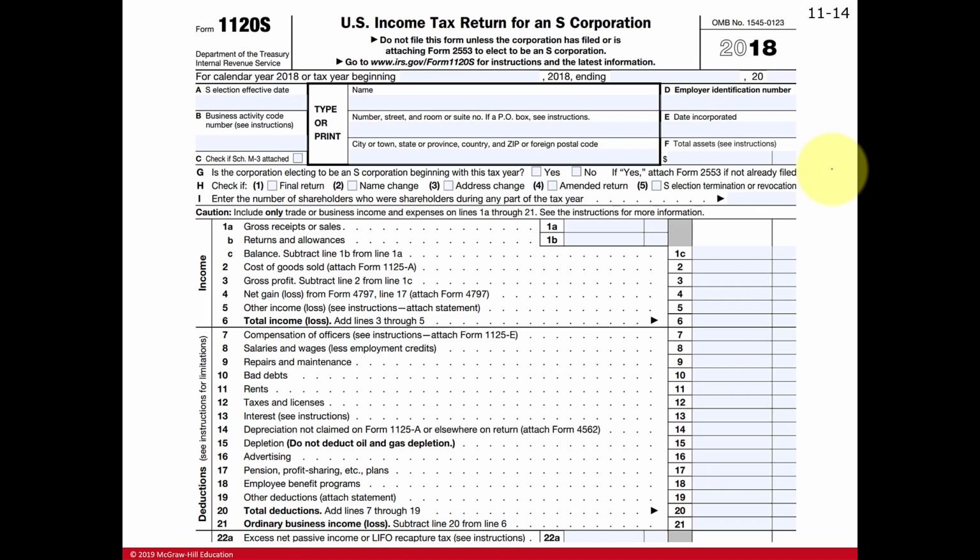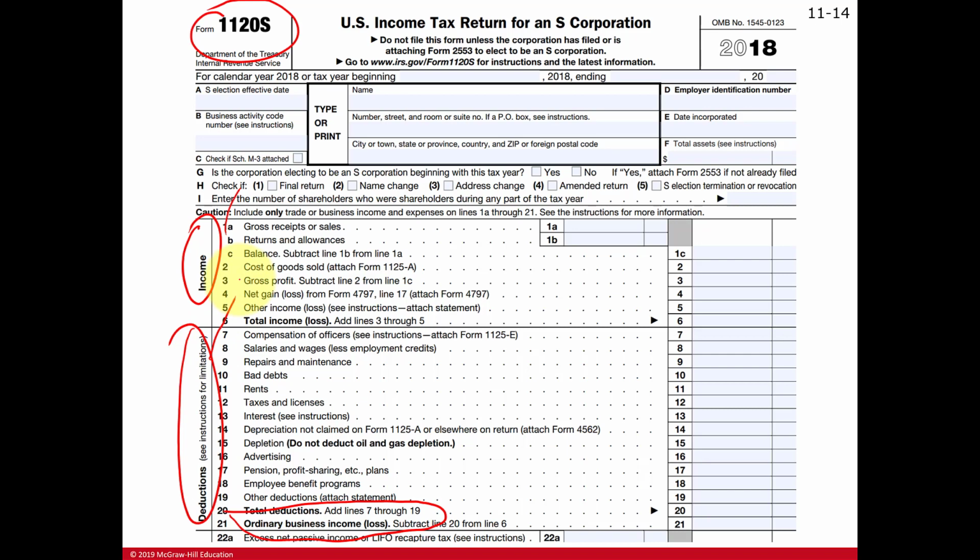Here is our 1120S, pretty much like a 1065 for a partnership. You have the business income minus the business deductions to get the ordinary business income or loss. Not all the income is listed here. Separately stated items go straight onto the Schedule K. You don't see all the deductions here.